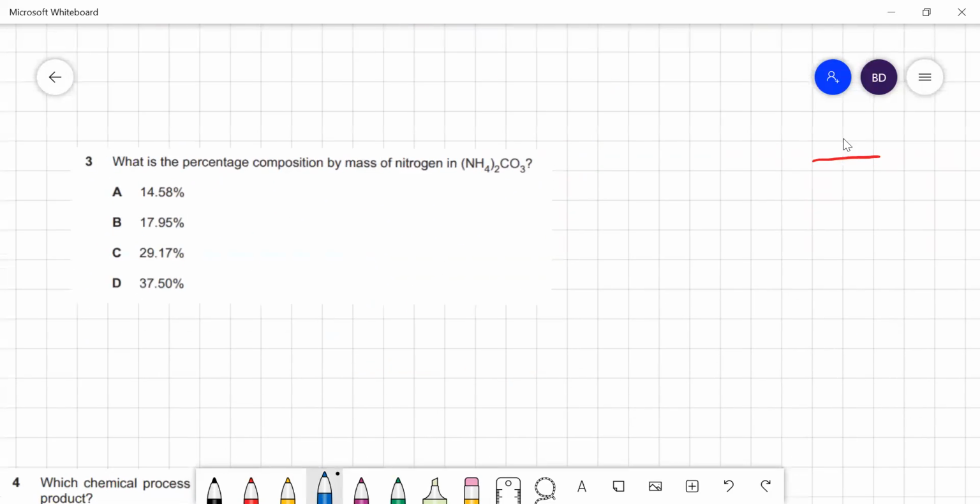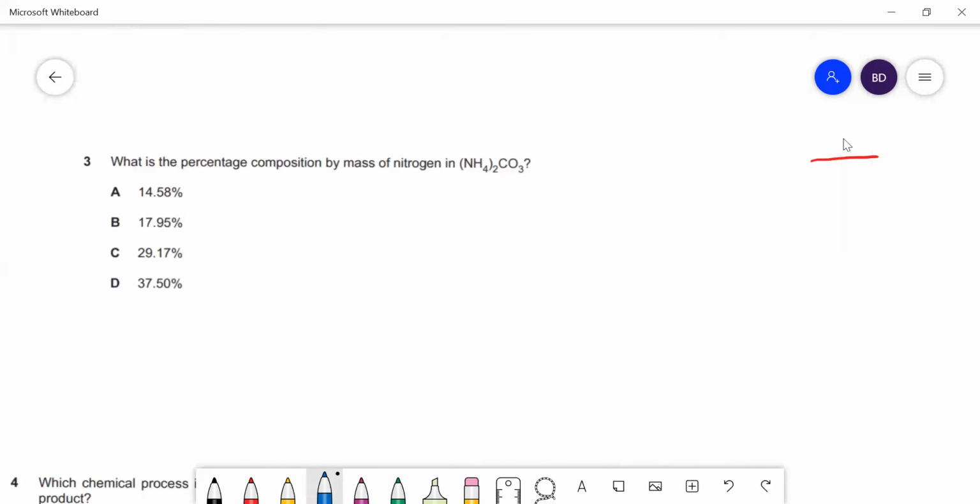What's the percentage composition by mass of nitrogen in ammonium carbonate? Okay, so the Mr of ammonium carbonate: we've got 2 nitrogens, so 2 times 14. We've got 2 lots of 4 hydrogens, so that's plus 8. We've got a carbon, 12, and 3 times 16 for the oxygen.